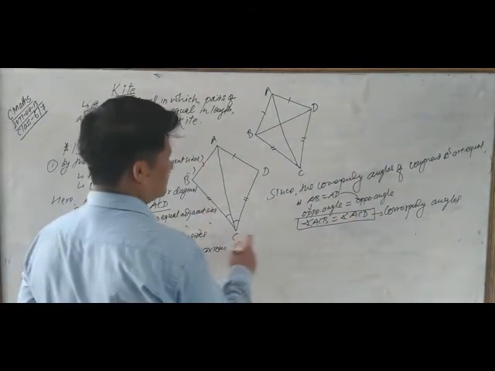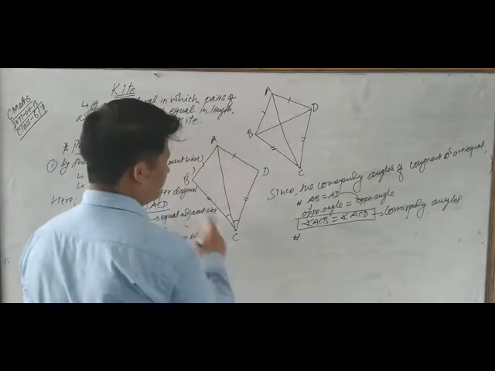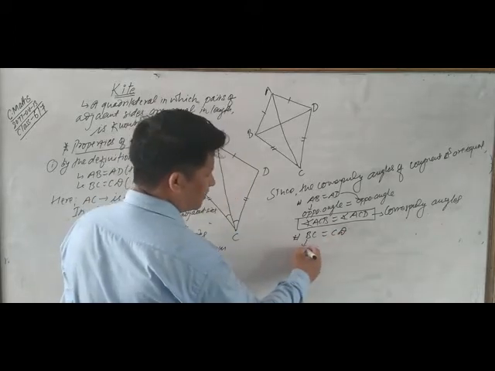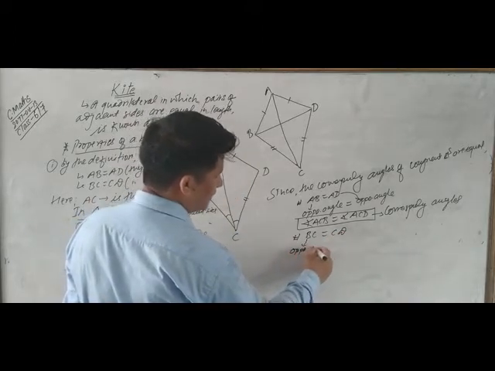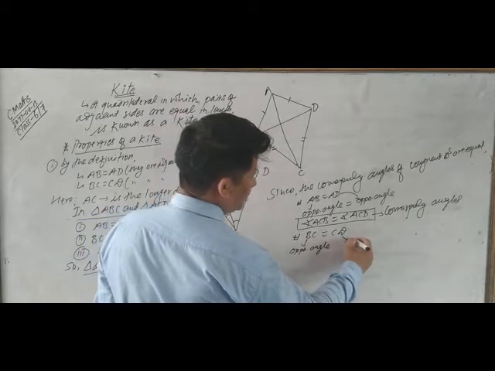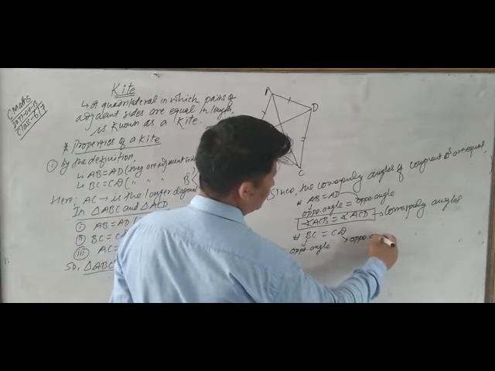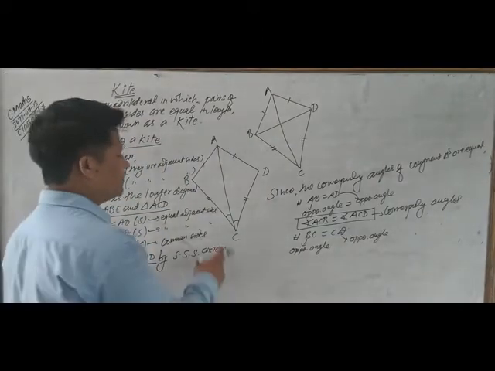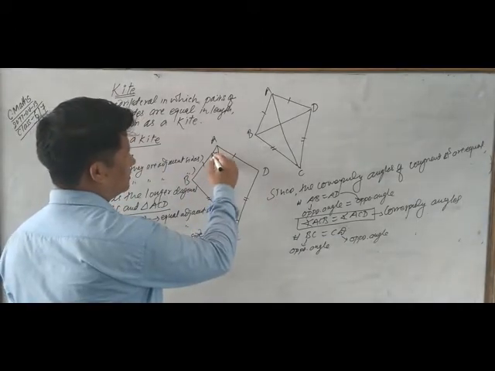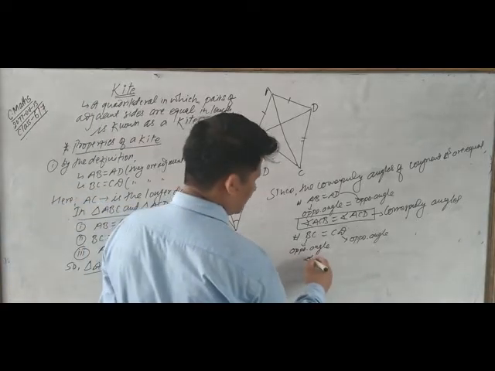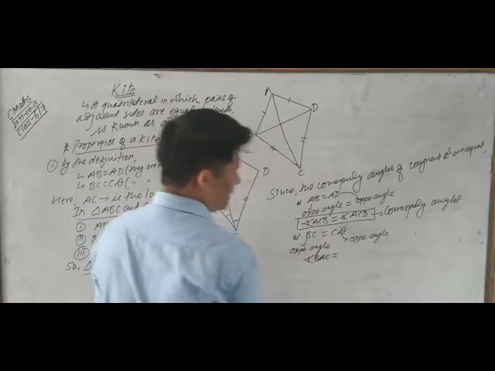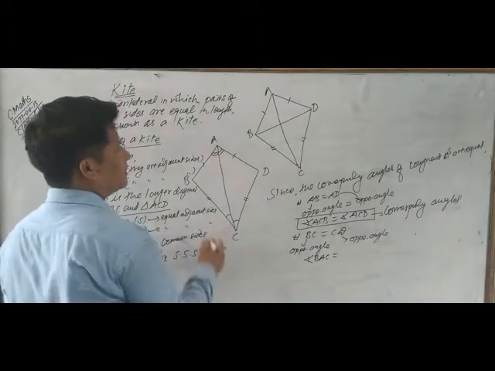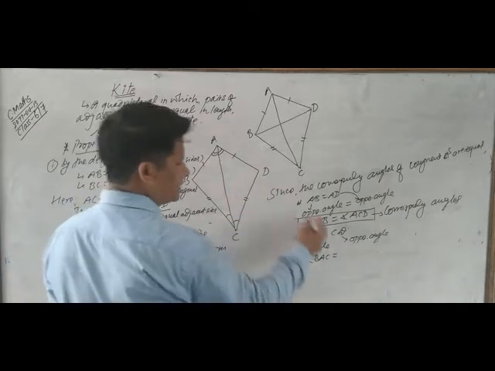Similarly, I have taken the next equal sides, BC equals CD. Now its opposite angles. The angle opposite to the side BC is angle BAC, and the angle opposite to the side CD is angle DAC, or CAD.